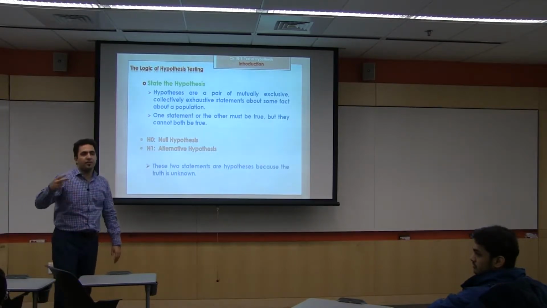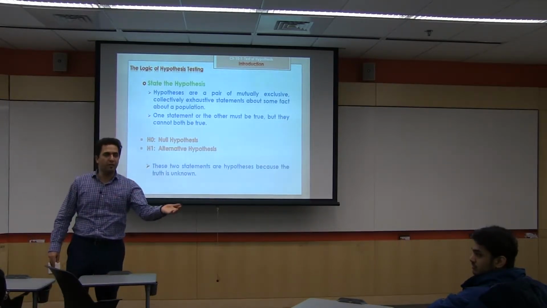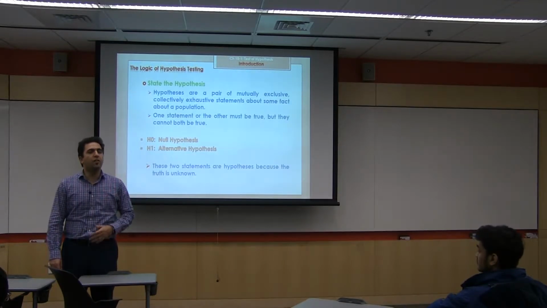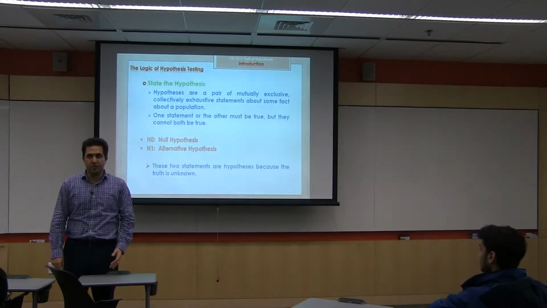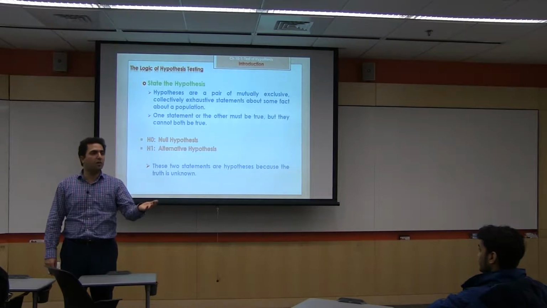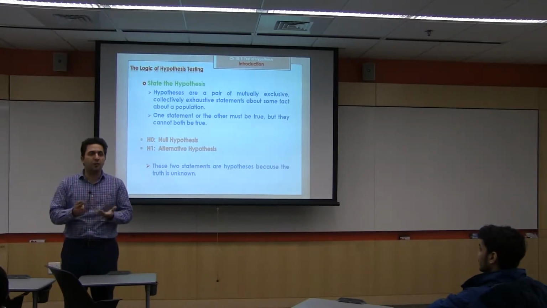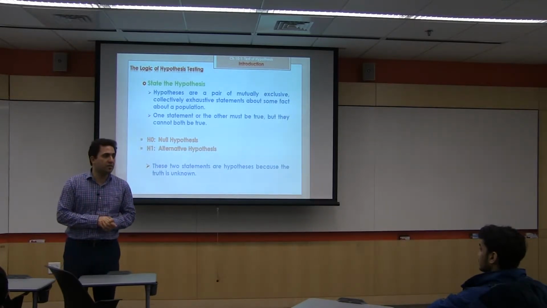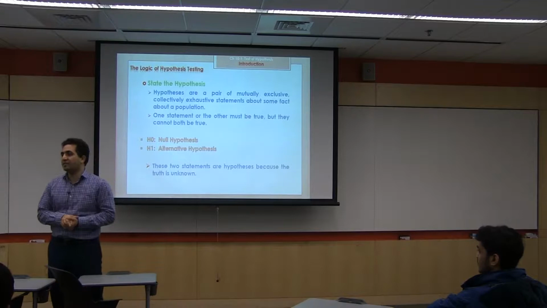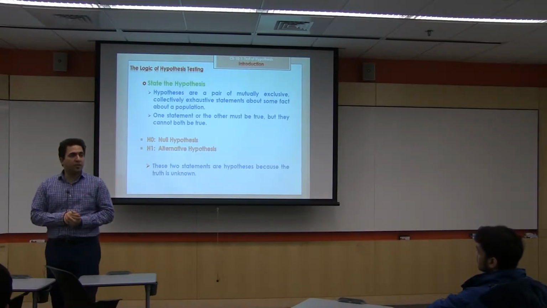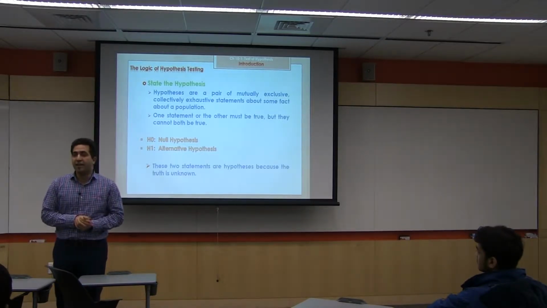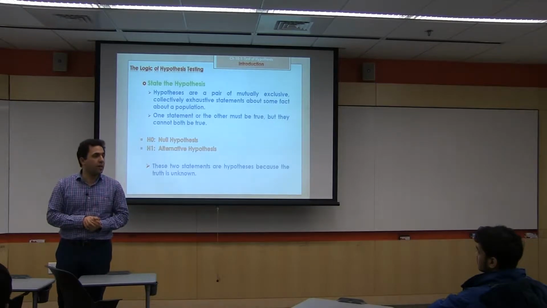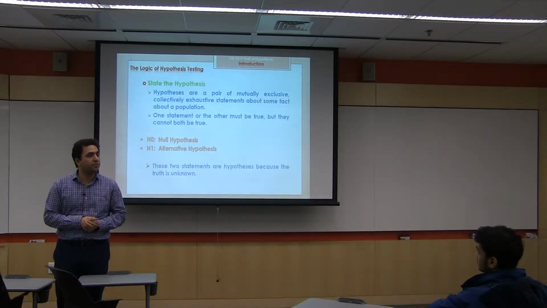So again, you have 2 conditions, null hypothesis versus alternative hypothesis, H0 or H null and H1. This is a pair of hypotheses that you're going to test using some statistics, and at the end of the test you accept one and you reject the other. You cannot accept both at the same time or reject both at the same time.